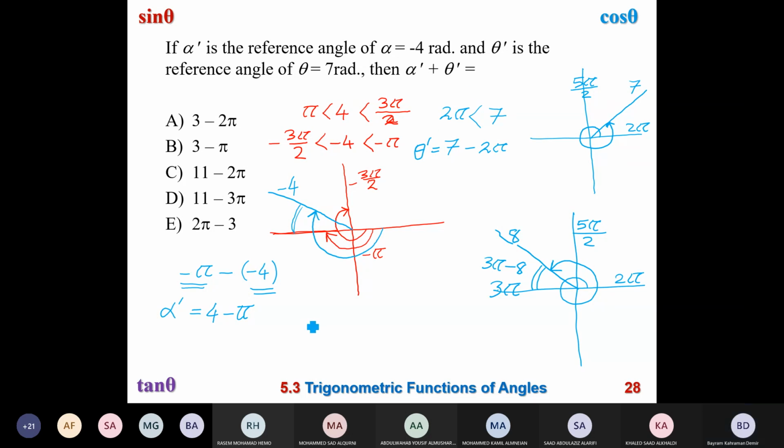So alpha prime plus theta prime is what? 4 minus pi, and then plus 7 minus 2 pi. So the result is 11 minus 3 pi.